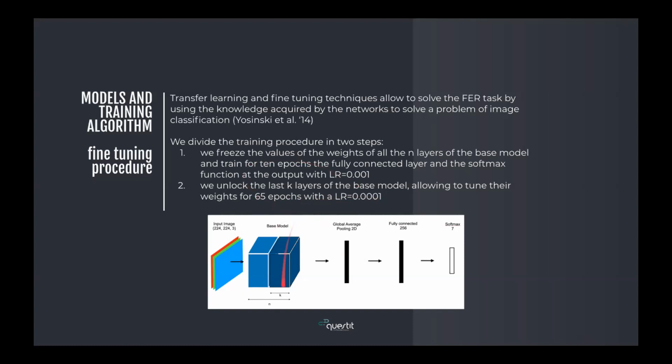We make this subdivision of the base model because usually lower layers identify lower order features, such as color and edges. And higher layers compose these features into higher order ones, such as shape or object. Hence, to specialize the network to our task, we apply fine-tuning techniques, freezing the value of the weights of the first part and unfreezing, tuning the weights of the last layers.